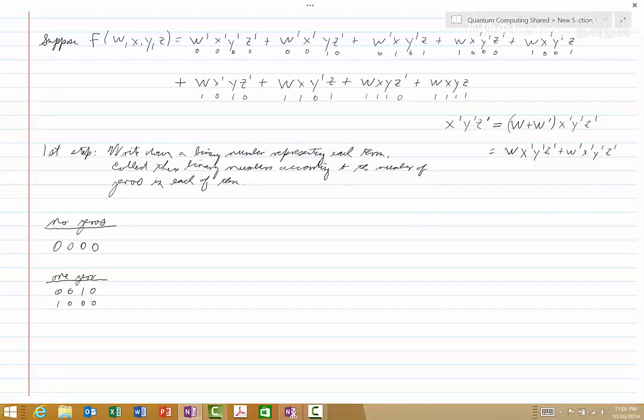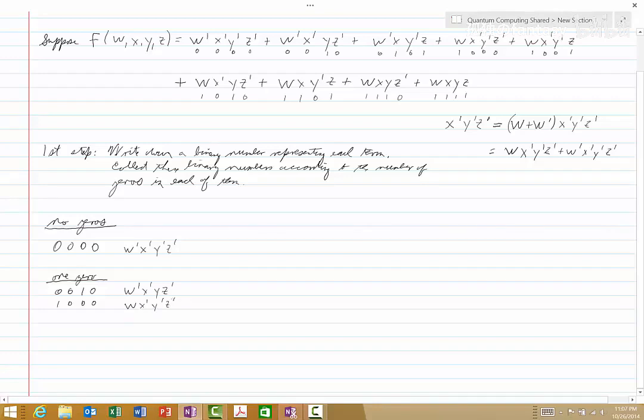And while I'm at it, let's write down beside each of these the term that it corresponds to. So 0, 0, 0, 0 corresponds to that first term, W prime, X prime, Y prime, Z prime. 0, 0, 1, 0 corresponds to W prime, X prime, Y, Z prime. 1, 0, 0, 0 corresponds to W, X prime, Y prime, Z prime.